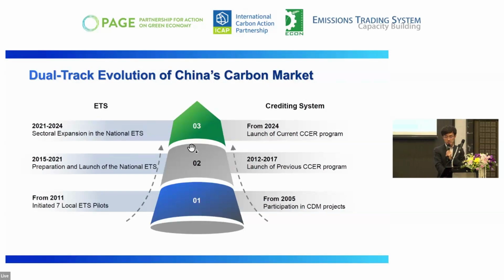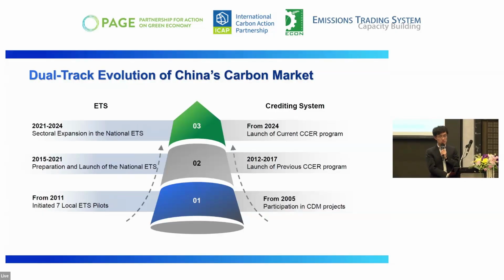The implementation of the China National ETS started from 2017 to 2021. Then the operation of the China National ETS ran from 2021 to 2024. Now, starting from last year, it is moving into expansion.